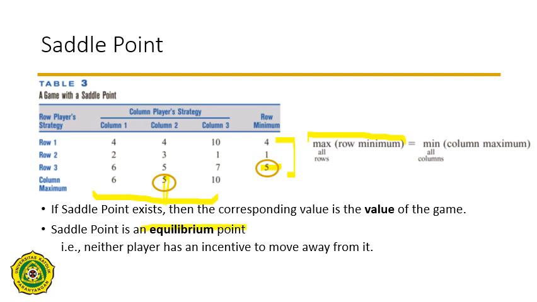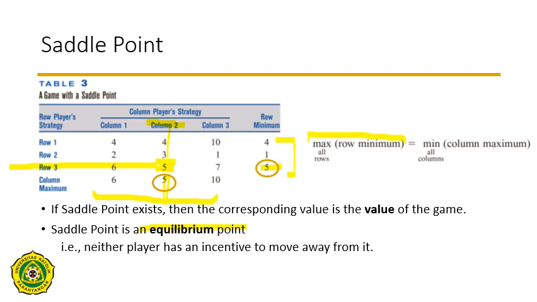It is called the saddle point or equilibrium point because neither player has the incentive to move away from this strategy. So the saddle point says that the row player should play the third strategy and the column player should play the second strategy.